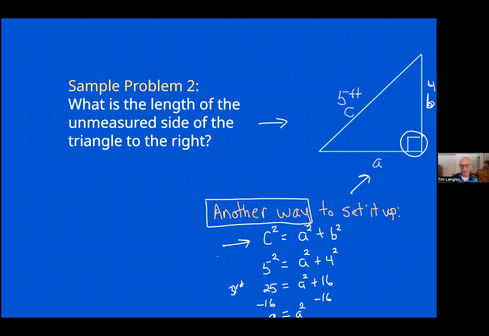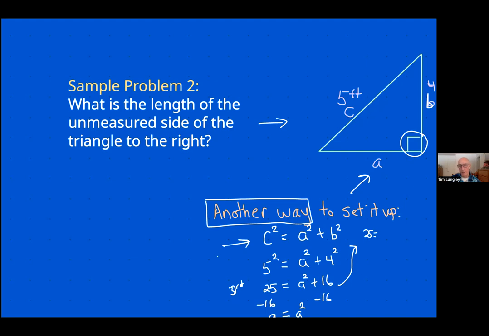Now, I think what I'm going to do is take this over here to the right because it's not showing up well on my screen, at least. All right. So I'm going to rewrite what I have at the bottom there. I've got 25 equals a squared plus 16.